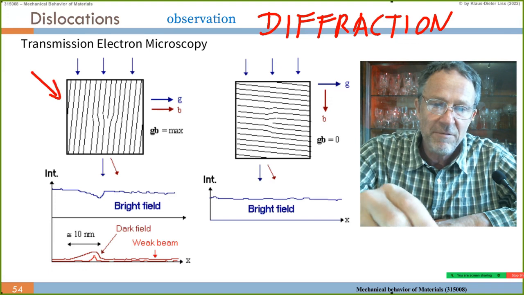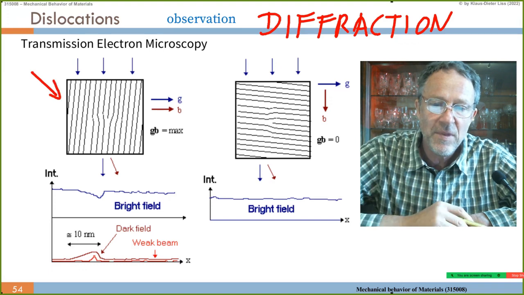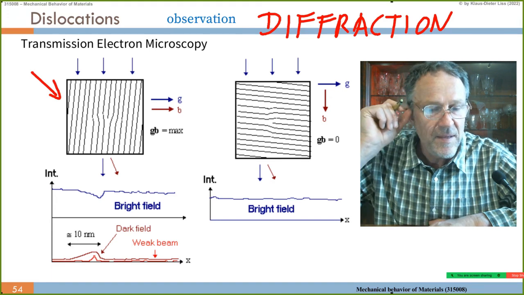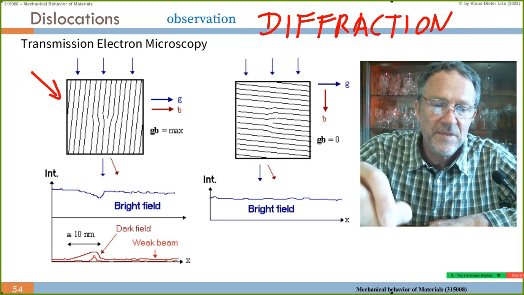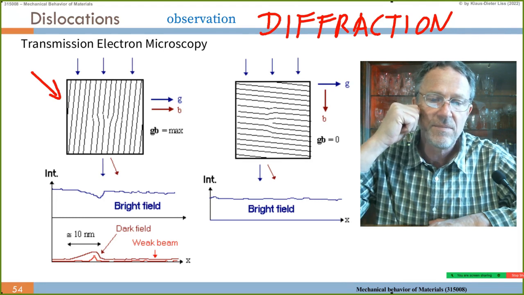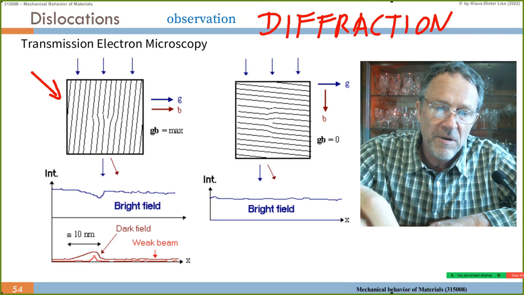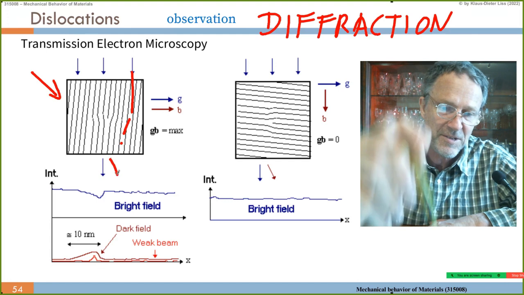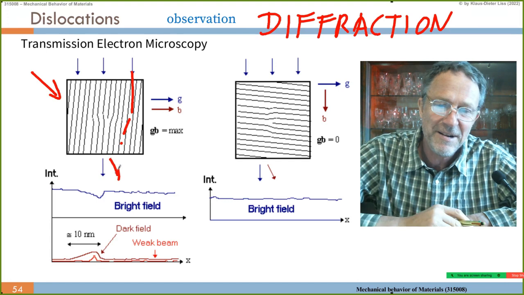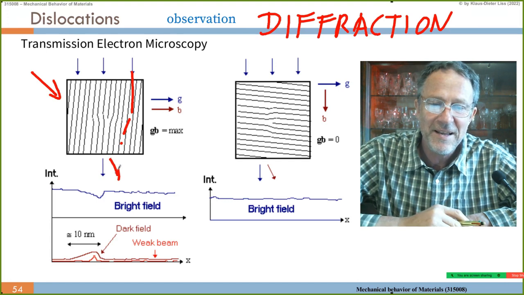For example, if we have a crystal like this, with the dislocation in the center, and you come in with a transmission electron microscope, then you may get some of the beam deviated. First of all, you have an inclination to the lattice plane, so you get a Bragg diffracted beam. Actually, here it's shown the other way around: you get a Bragg reflected beam in this direction.